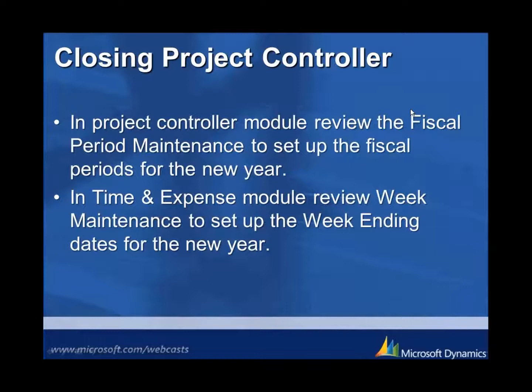All right. Now, there is an item within Project Controller, the fiscal period maintenance. Now, it's not really used for a lot of things. In fact, I will tell you, our demo database really doesn't have anything in it for it, but I do know that it's used for certain things like allocations.